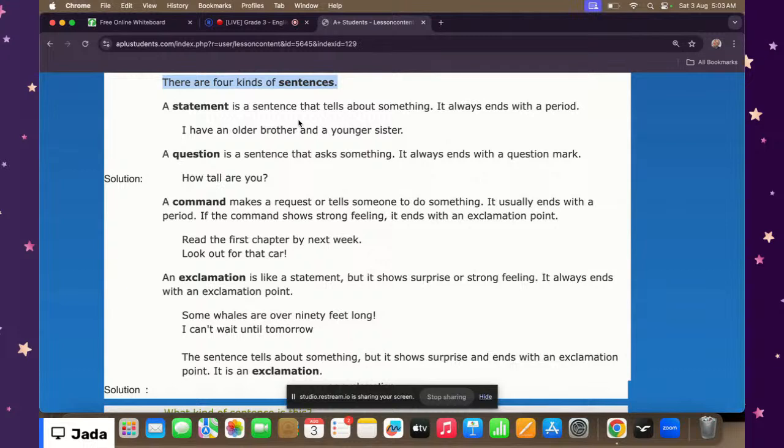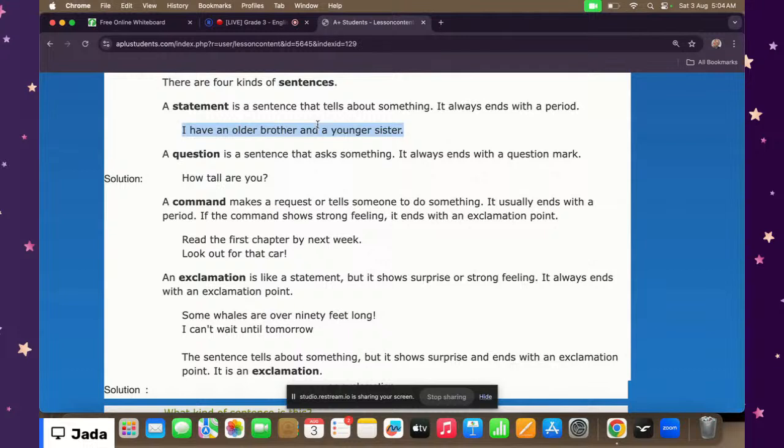So, like we have said, we have four kinds of sentences. The first one is the statement. A statement tells us about something. It usually ends with a period. I have an older brother and a younger sister.